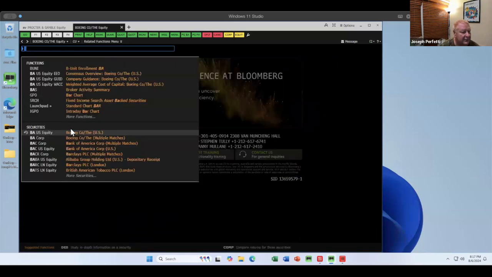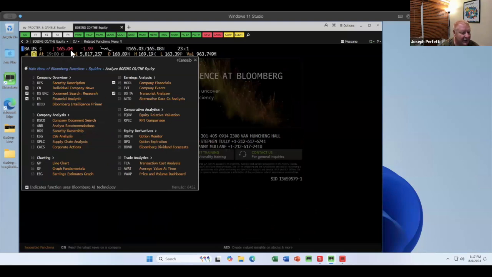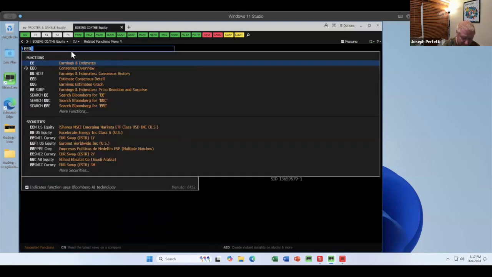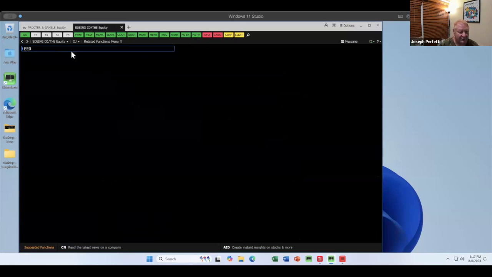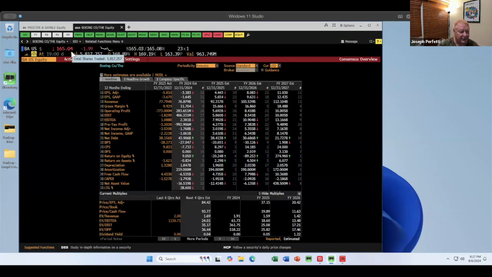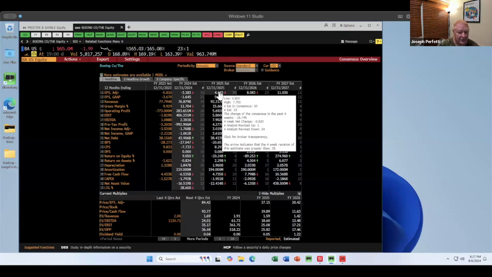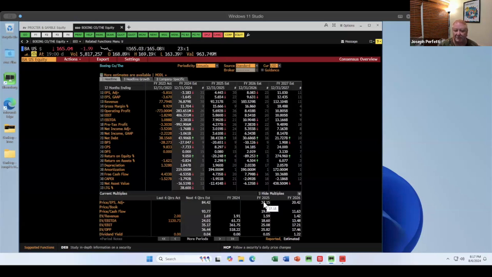Load the screen. 165.04. If I took 165.04, which is the current share price of Boeing, and I divide it by next year's earnings, 4.443, that would be a price to earnings multiple of 37. If I take the 165 price divided by third forward year, 8083, that would be a 20.42 PE.